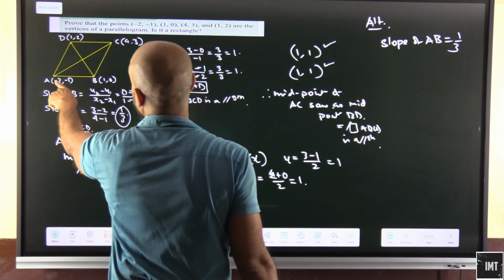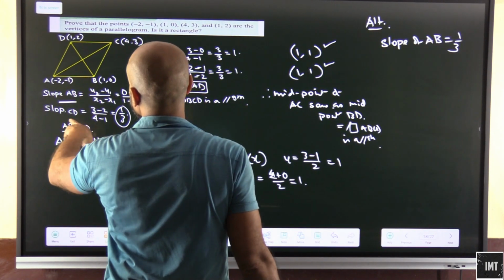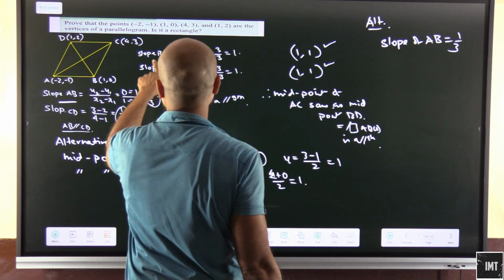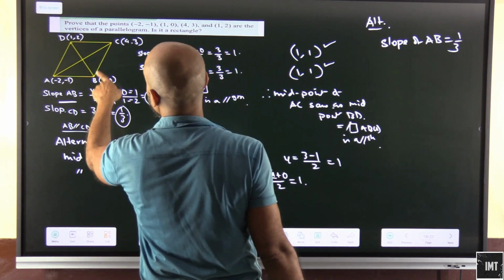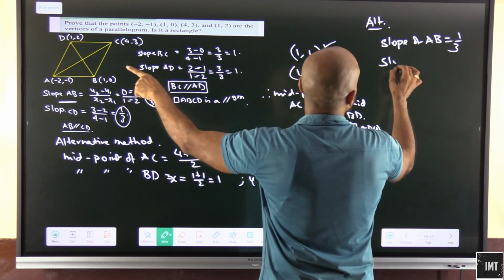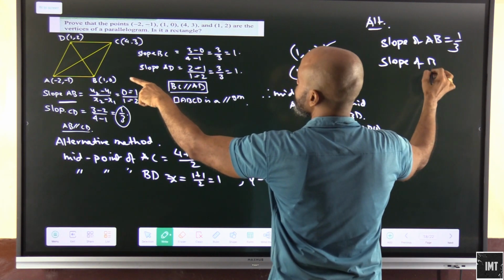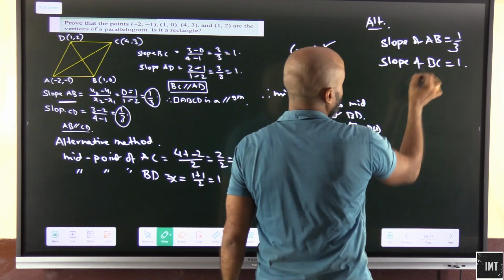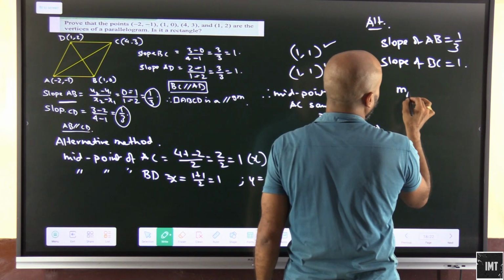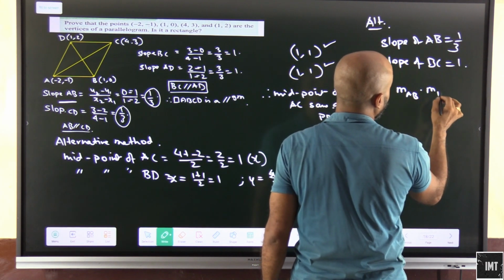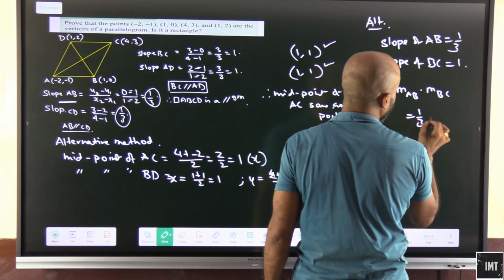And what about slope of CD? Okay, slope of BC that is equal to 1. Now if we happen to multiply m of AB into m of BC, that will be how much? 1 by 3 into 1.